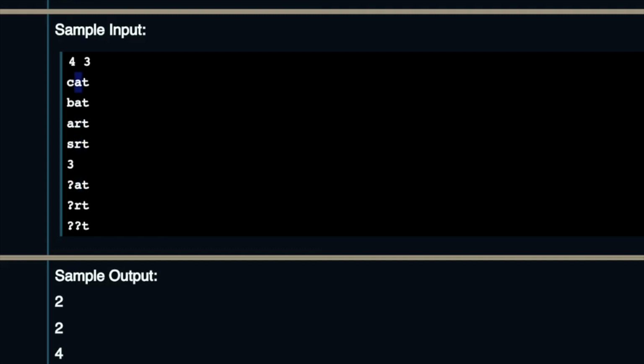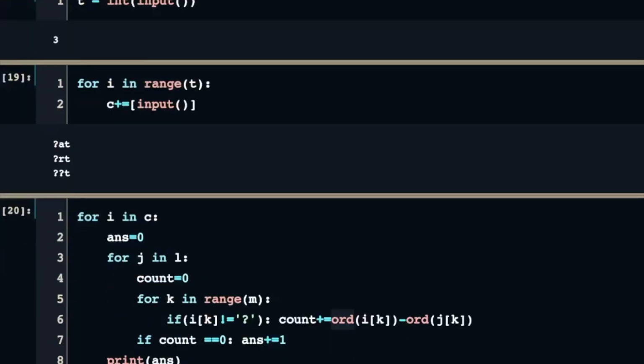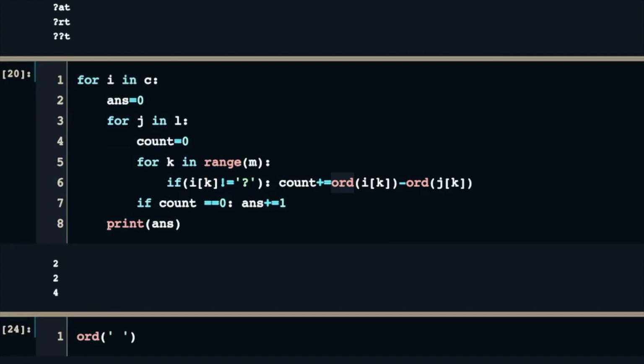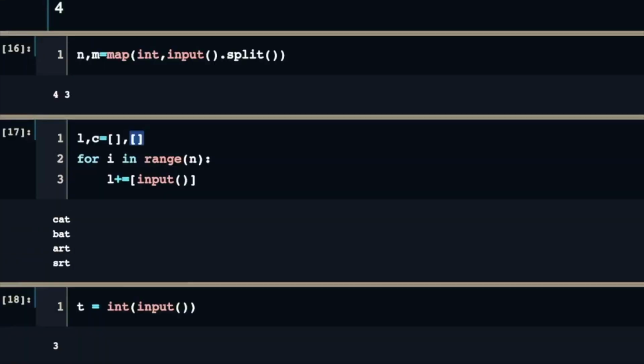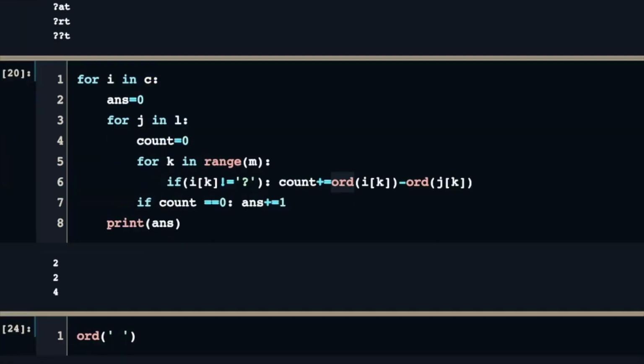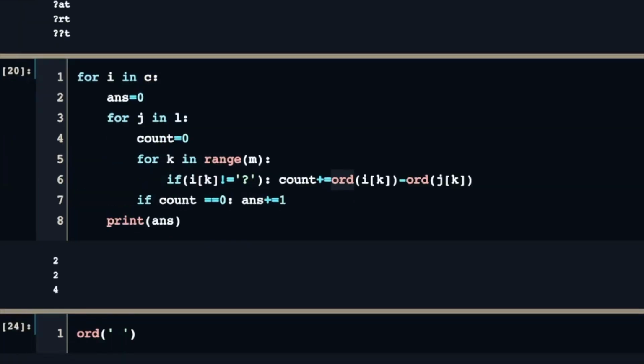So these two correspond to 0. And we check the next letter. Next, go to T, and these two also correspond to 0. So here we increment by 1. So count plus equals ORD of J I of K minus ORD of J of K.